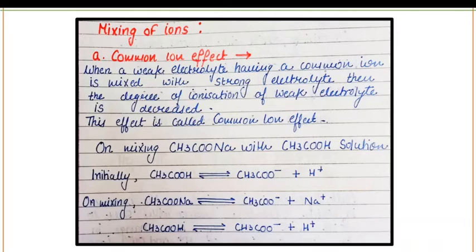For example, you can mix CH3COONa with CH3COOH. After dissociation of both the compounds, you will get a common ion, that is the acetate ion CH3COO-.